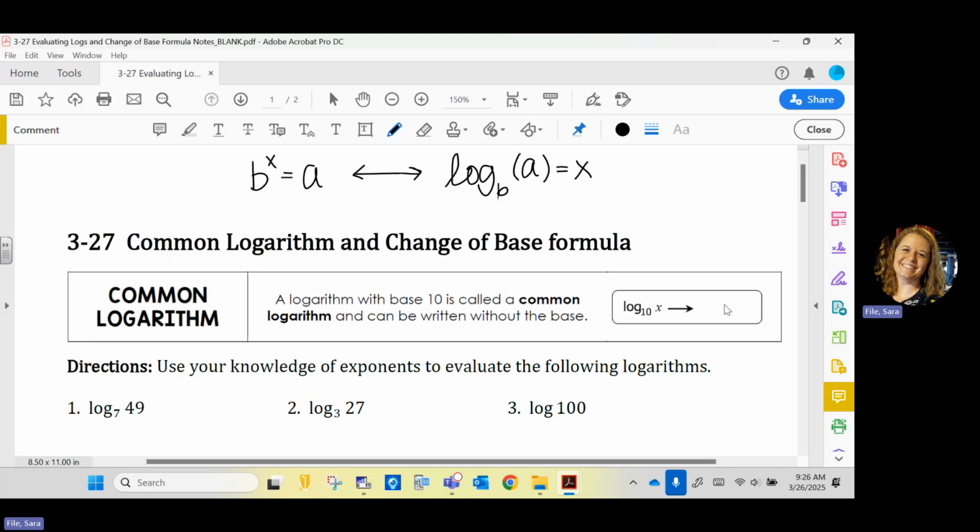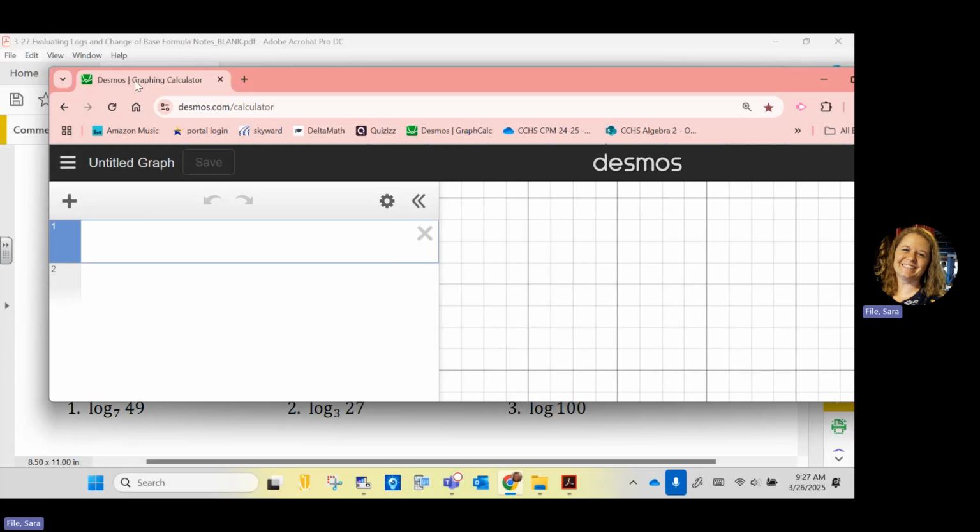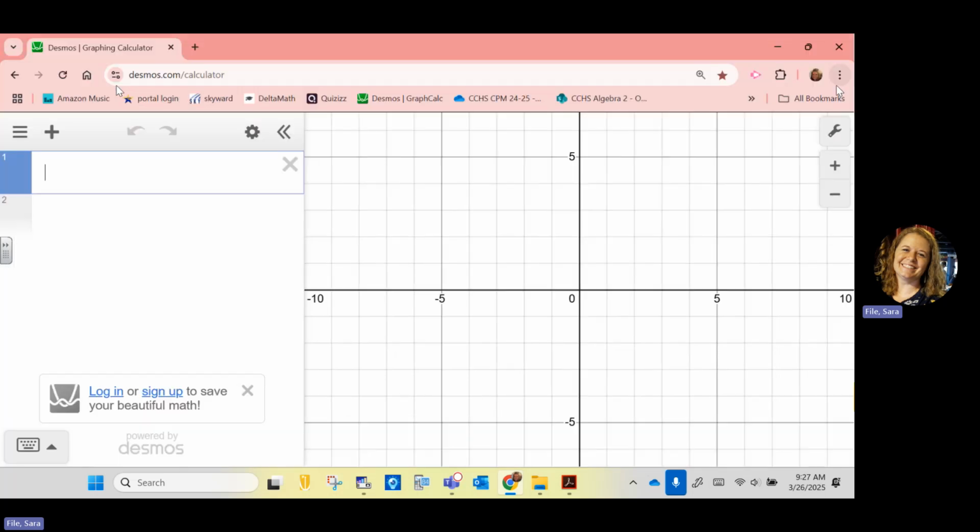So today we're going to talk about what a common log is and the change of base formula. I showed you in Desmos yesterday, let me pull Desmos back up here, where to find the log button so you could check that you had rearranged it correctly.